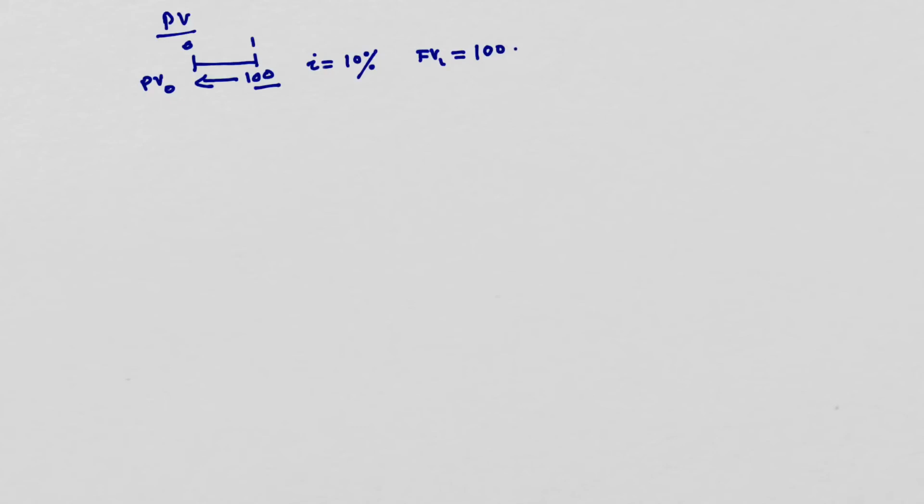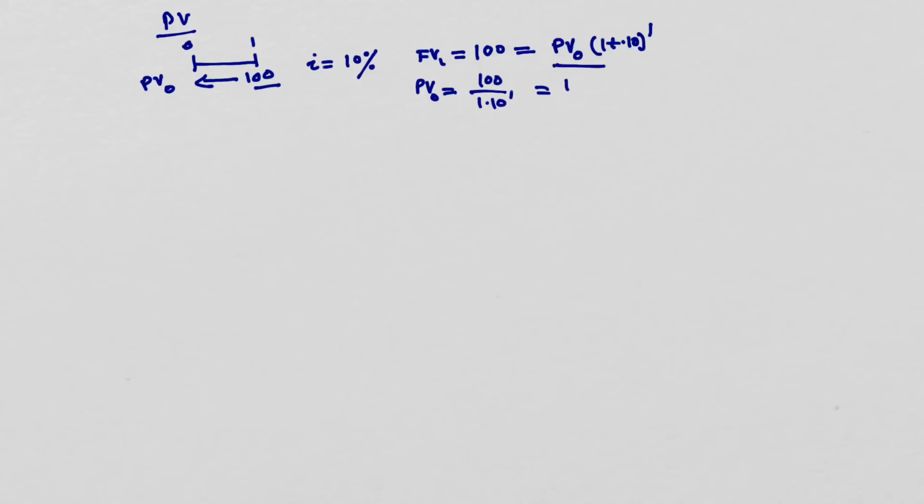And how did I get it? I got it from the amount which I deposited presently. I can write PV subscript 0, or I could have written just A, multiplied by 1 plus the interest rate, 10%, raised to 1. So from here, if I want to solve for the present value PV, this will come in the denominator: 100 divided by 1.10 raised to 1.